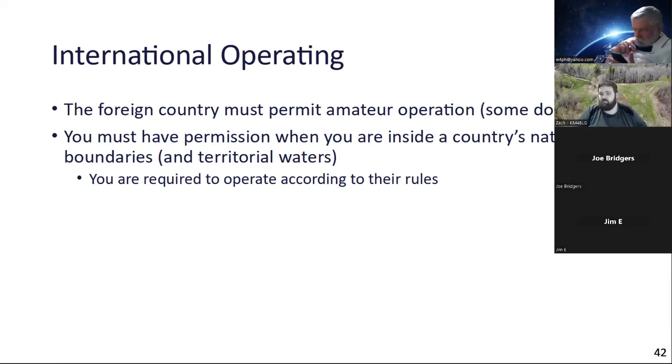There are really good resources on the ARRL's website as to how to go about that, if you wanted to get something temporary. It's one of those things you do in preparation before you go out of the country, no more than getting your passport, packing your bags, and getting any shots if you're going to a country that requires immunizations. It all kind of is right there with all that planning.